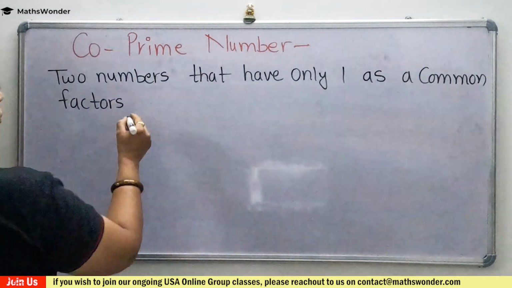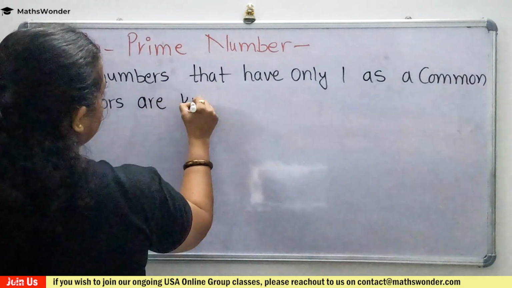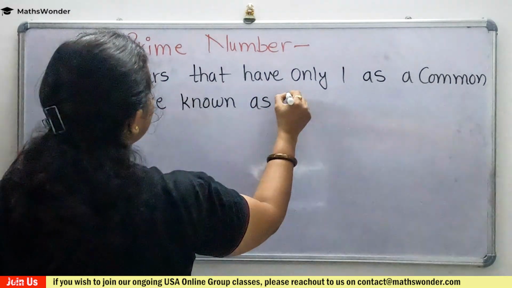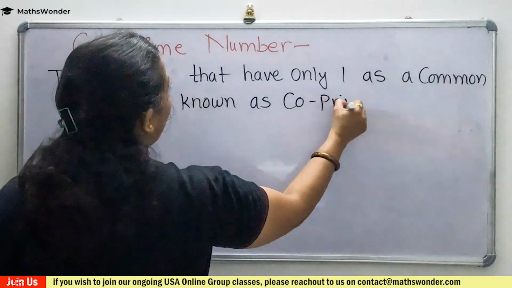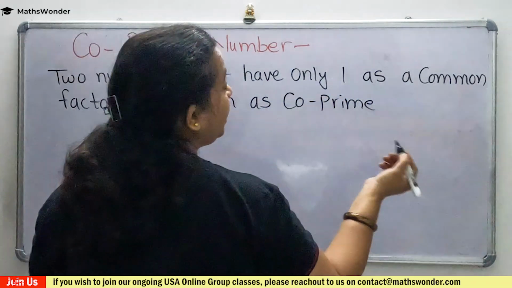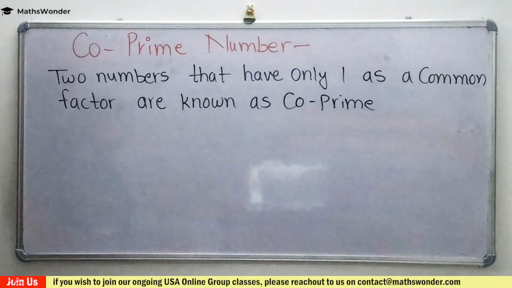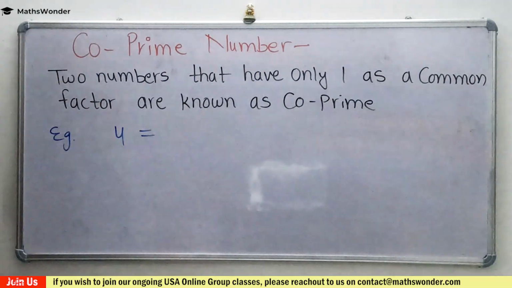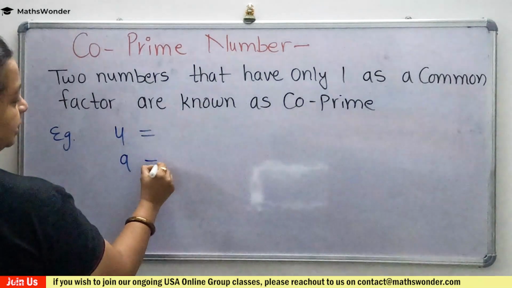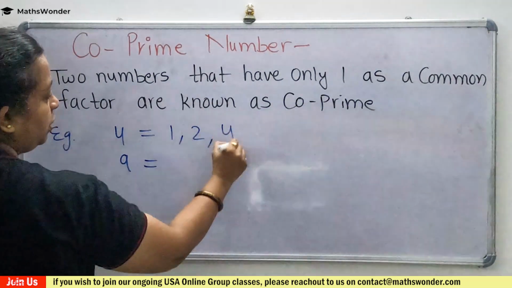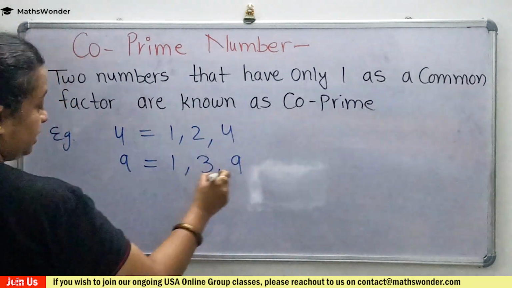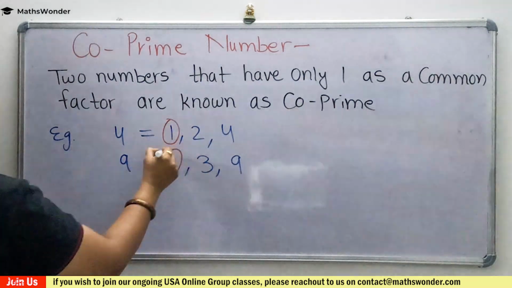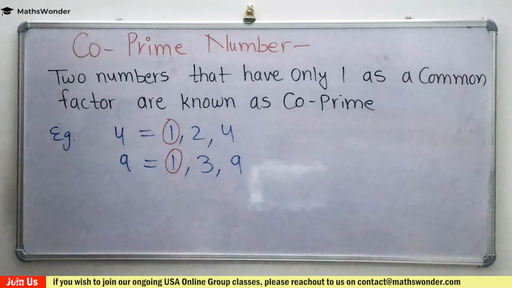But wouldn't all the prime numbers have 1 as a common factor? Not just one number. Wait, let me explain with an example. Suppose 4 and 9. The factors of 4 are 1, 2 and 4. The factors of 9 are 1, 3 and 9. So only 1 is common, and then we call 4 and 9 co-prime numbers.